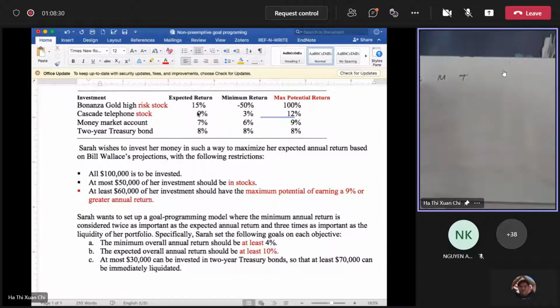So here we have 0.05 plus what they expected, 0.09 plus 0.07 plus 0.08. And here, at least means greater than 4% times 100k, right?